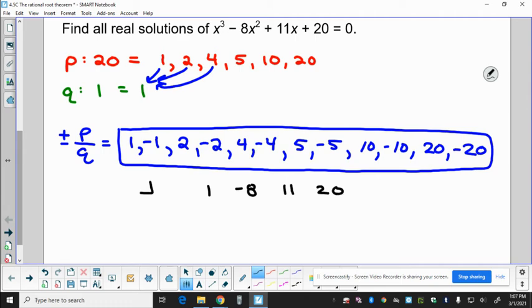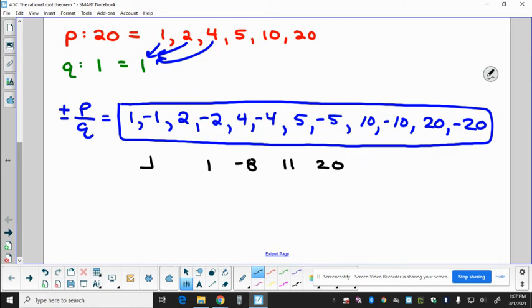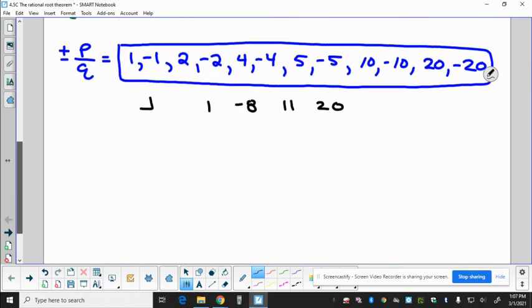And what I'm going to do is try and guess which one of these would give me a remainder of 0. Now, something to consider. When we do synthetic division, the first number is dropped down, so we know there will be a 1 there. And what would this number have to be right there to give you a remainder of 0? Right, it would have to be, in this case, -20.